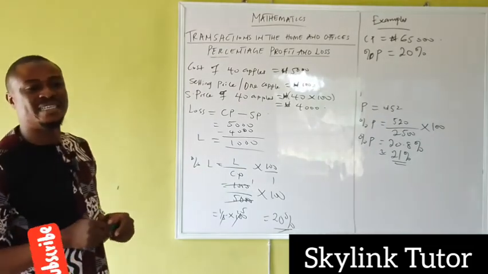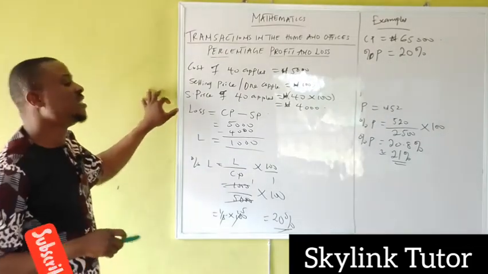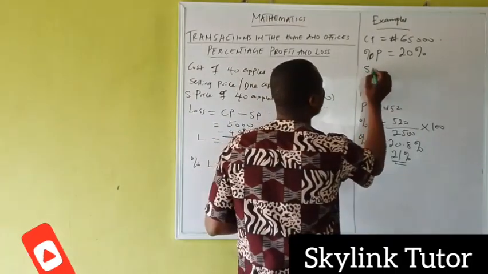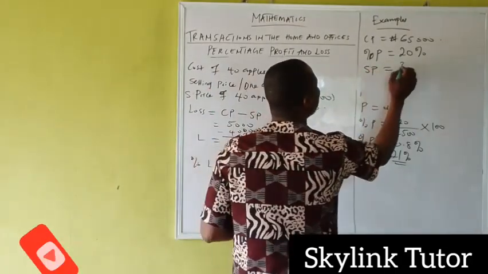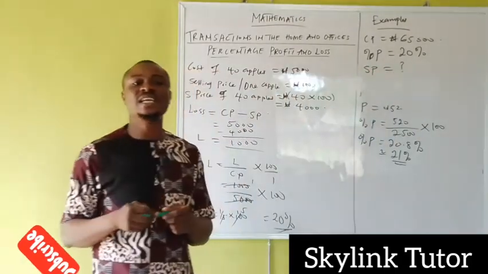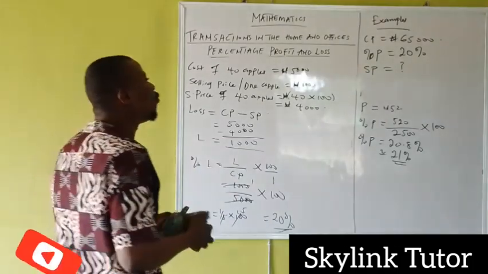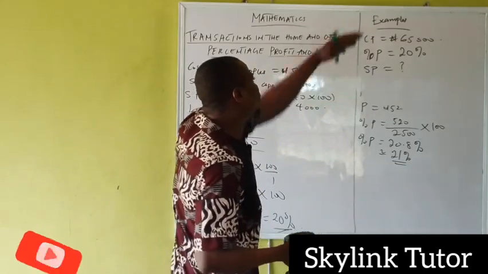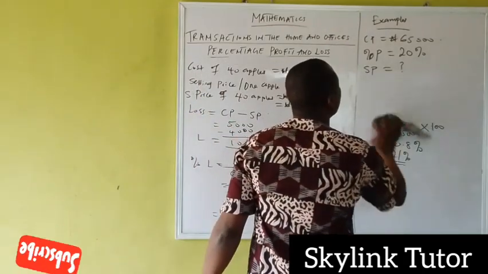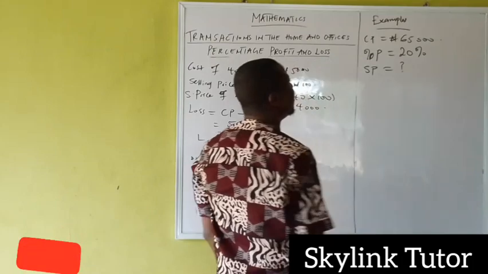In this regard, what you have been told to calculate here is the selling price. The price that the person is going to sell it is the selling price. And if it is the selling price, we need to get the percentage out of this our cost price before we can now get our selling price.